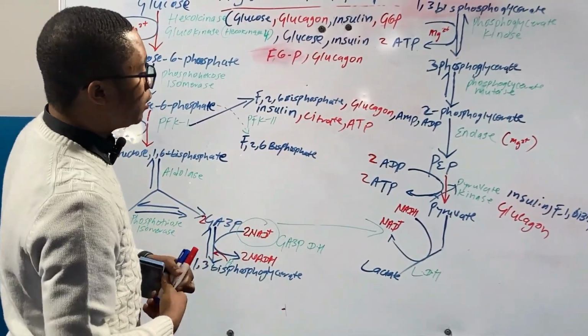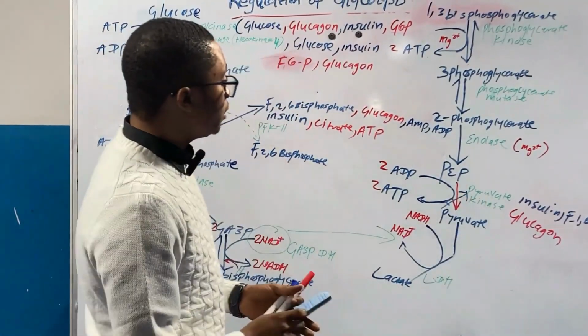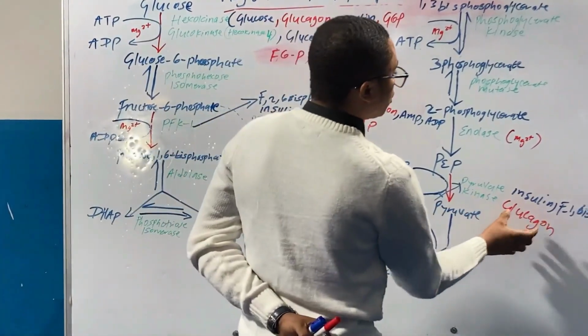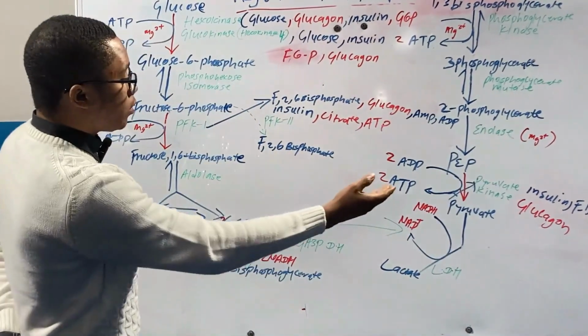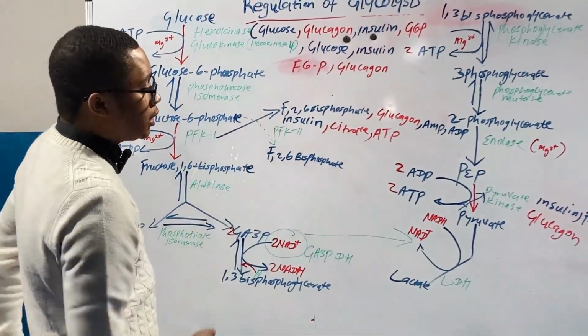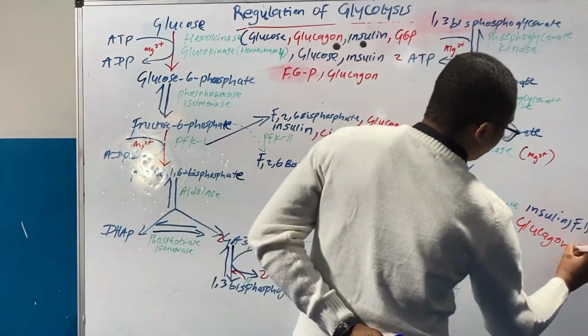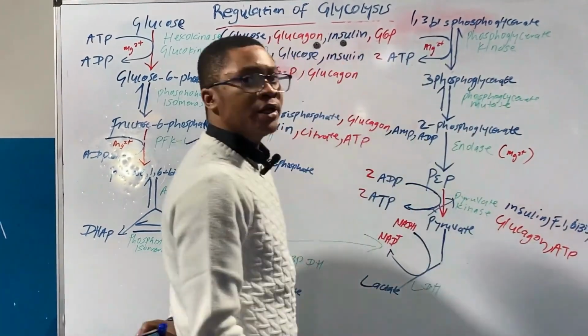Now, the last inhibitor of this enzyme. Remember, glucagon is always inhibiting most of the enzymes, like we've mentioned here. Glucagon inhibits it, and the last inhibitor is ATP.